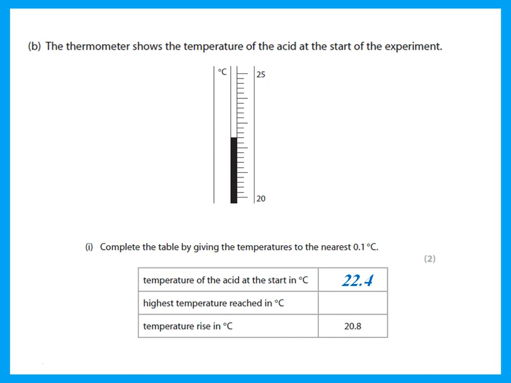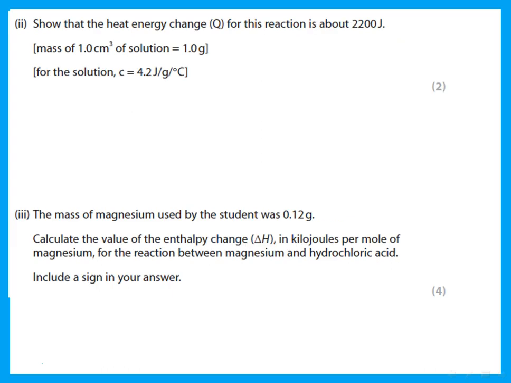What would be the highest temperature reached if the temperature rises 20.8? He's given me the temperature rise, and he wants you to determine what was the highest temperature. Well, of course, the highest temperature was 43.2, so that the difference would be 20.8.